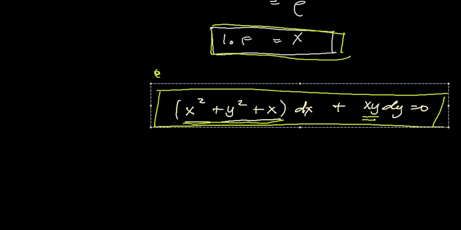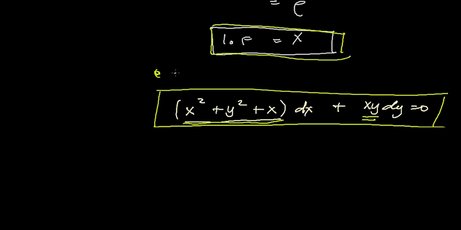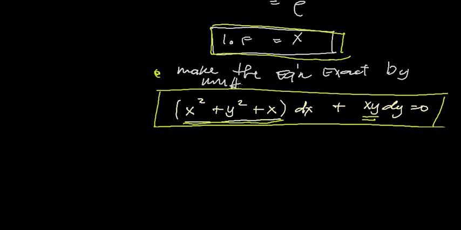Say this is our equation 1. We will make the equation exact by multiplying the integrating factor to equation 1.